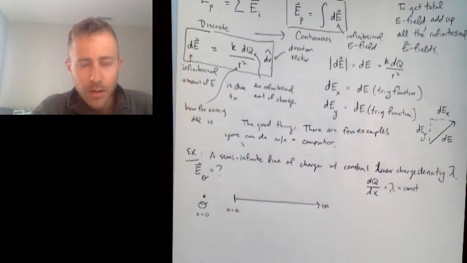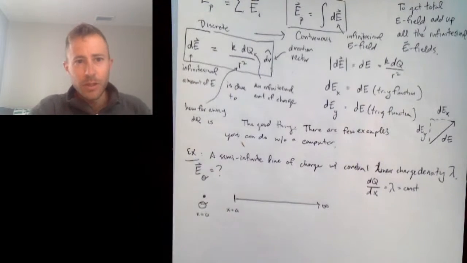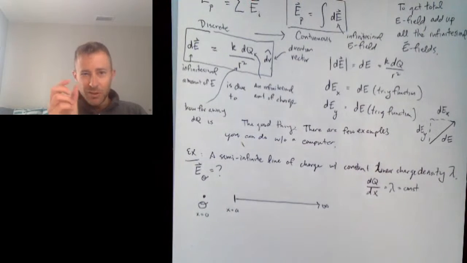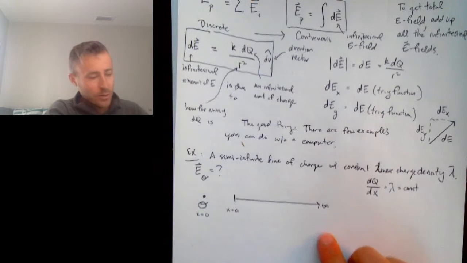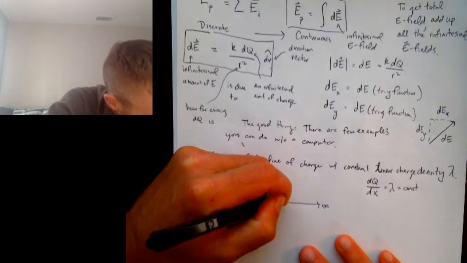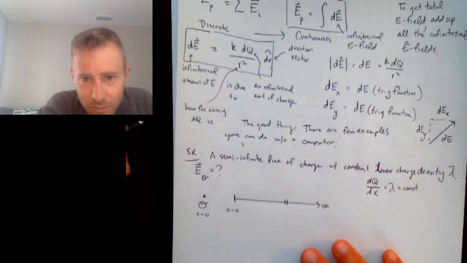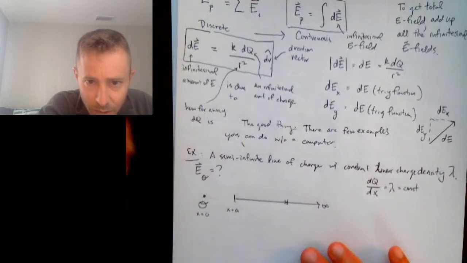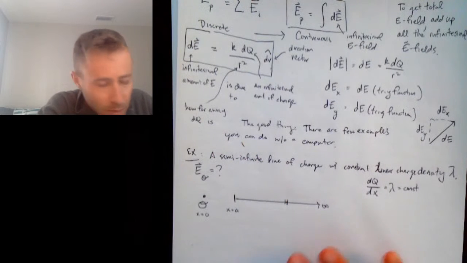Whenever we are doing these problems with a continuum charge distribution, we want to imagine a little tiny piece of this semi-infinite line of charge. Let's pick any piece, this little piece from here to here, an infinitesimal piece of charge.